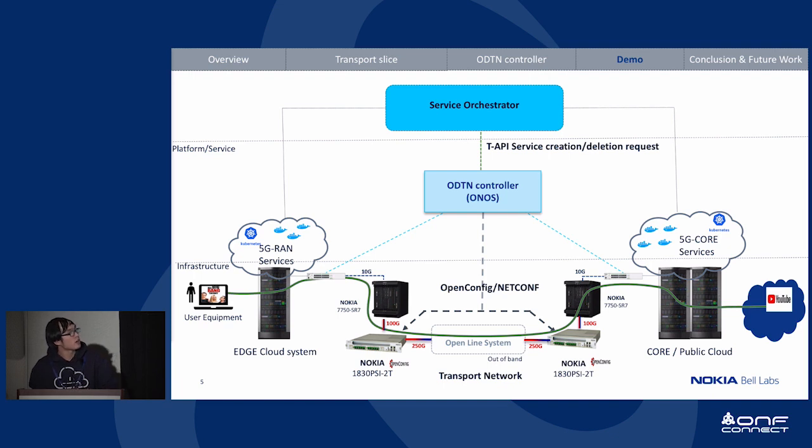For that, we have a testbed of the POC. On top, we have the service orchestrator. At the platform and services, at the edge cloud, we have a server that can run the 5G RAN services component, and at the core, we also have the 5G core services running.